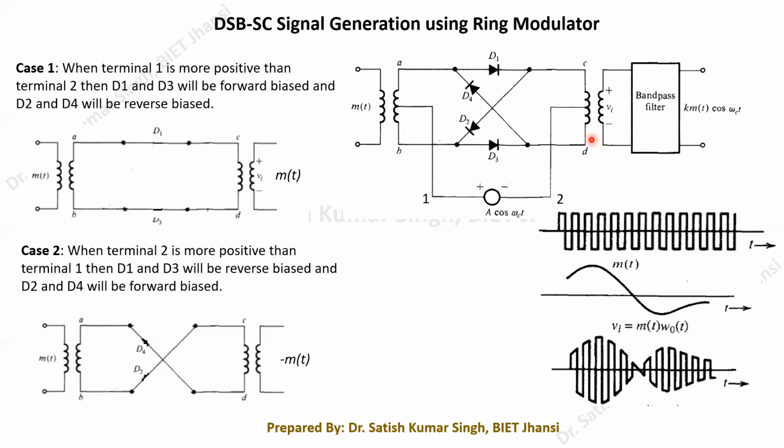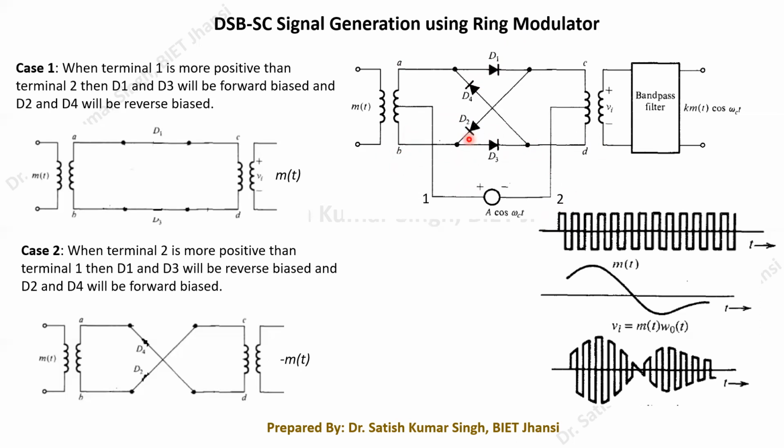So what I am saying is, whenever we get this high value of the carrier, this positive value of the square wave, which is a sufficiently large positive DC value, at that time the diodes D1 and D3 will be forward biased, and the diodes D4 and D2 will be reverse biased.